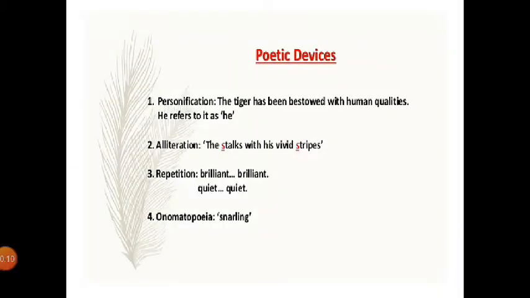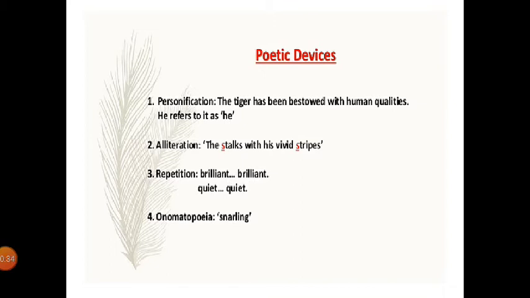Here in this poem, there are a few poetic devices which are used. Among them, the first thing is personification. In the poem, the word he is used for the tiger, and the tiger is personified in this way.